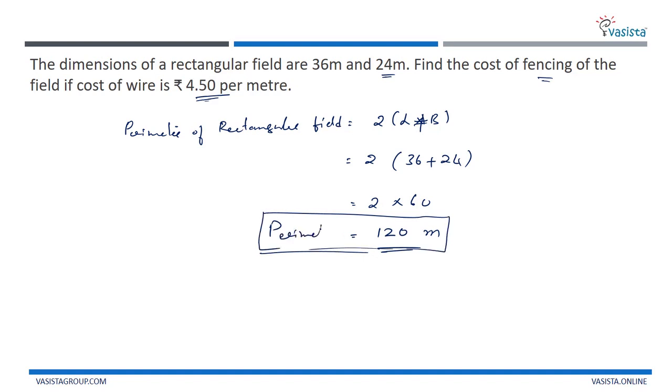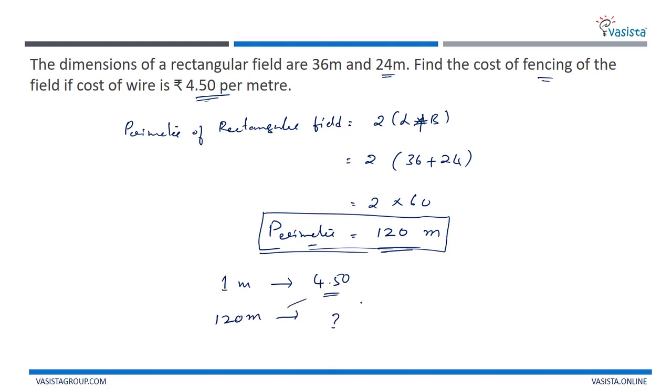This is the perimeter. Now what they are asking, we are supposed to find the cost of fencing of the field if the cost of wire is given. So for 1 meter, it is going to cost us around 4 rupees 50 paisa. For 120 meters, how much?